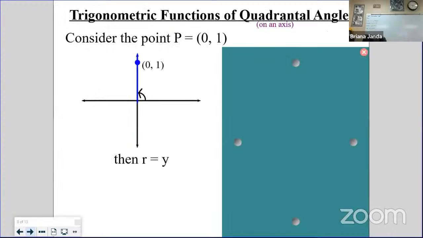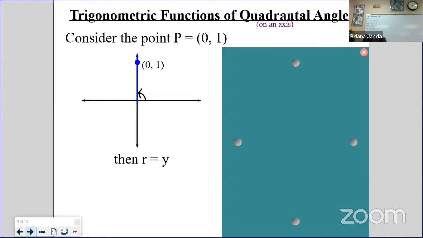All right, so what happens if the ordered pair they give us falls on an axis? Okay, well, the problem with this, so these are called quadrantal angles, meaning they fall on an axis, is that I can't draw a triangle.